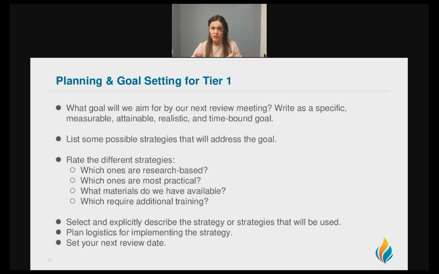Then from there, it's important that you list out possible strategies that are going to address that goal. So some different strategies we typically see are, making sure that the strategies that we're going to implement are going to be research based. Which ones are going to be most practical? What materials do we have available? And then which ones require additional training?